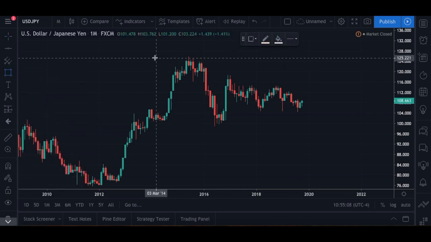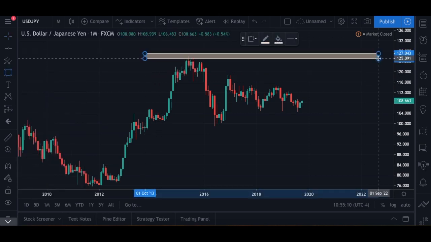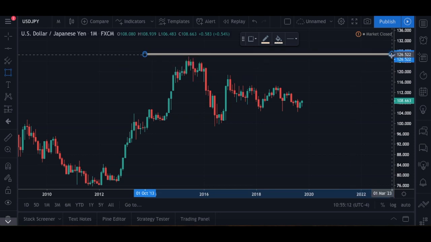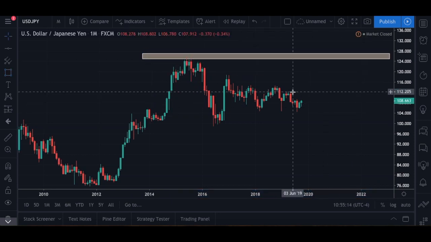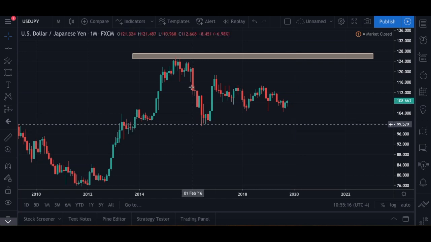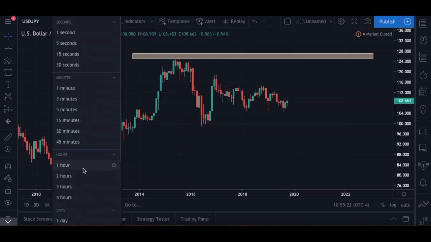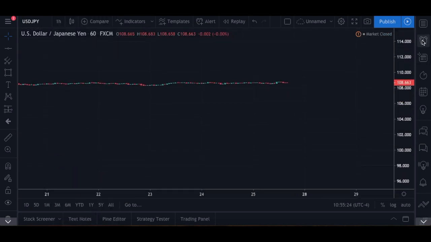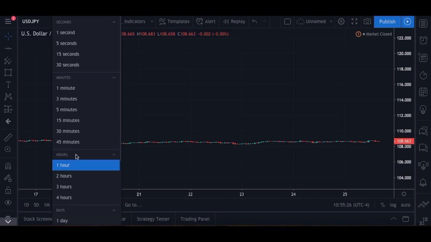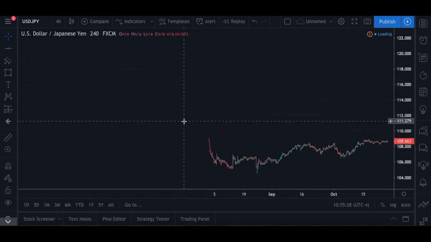Sometimes I use this more instead of horizontal lines, because the thing is with Forex, a lot of people think, oh, it's going to move down, it's going to move up, blah, blah, blah. But you have to understand that price does what it wants. So even if you have something mapped out, it might not show exactly how you want it to show.